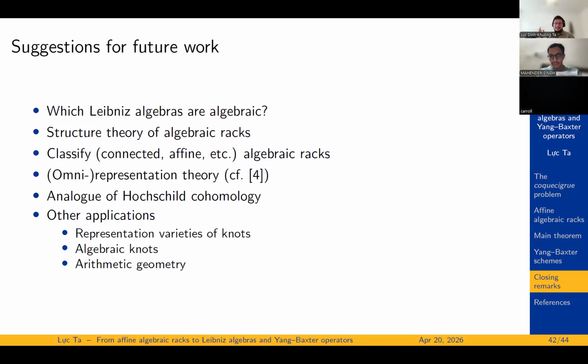In particular, in algebraic geometry, you can study algebraic knots, which are a way to construct knots from these schemes. And in the past decade or so, racks and quandles have found a lot of use in arithmetic geometry for various reasons, so it would be interesting to look at applications of algebraic racks there too.